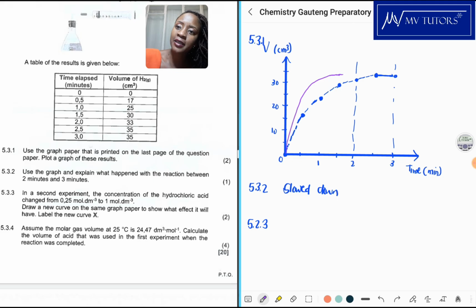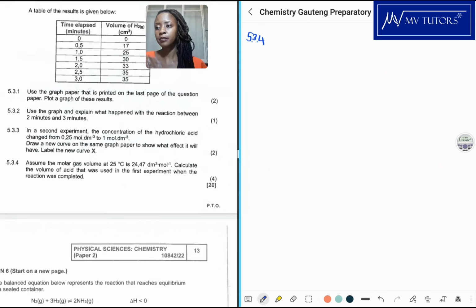So it might be at 35. Basically, I want it to be sort of like the same. It's difficult to plot, guys, but it will basically reach 35 much quicker. Okay, we're leaving it there. So it will be much quicker because the rate is increasing. Okay, so we have plotted X.